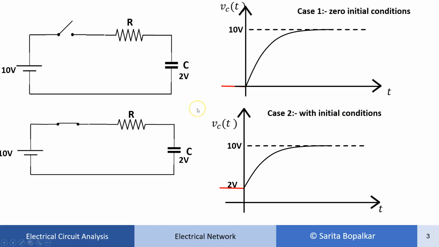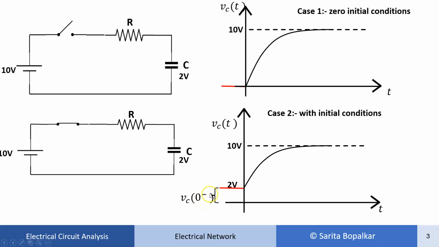This is for RC. Like this we can correlate for the RL circuit. In case of an inductor, you need to consider that the current through the inductor cannot change instantaneously. It will take some time to reach the final steady state. So before switching, the initial conditions, we represent by time instant 0 minus, because at t equal to 0 we are closing the switch.